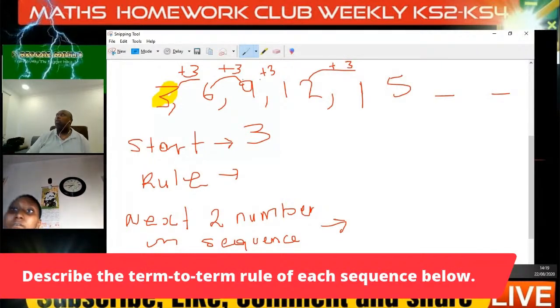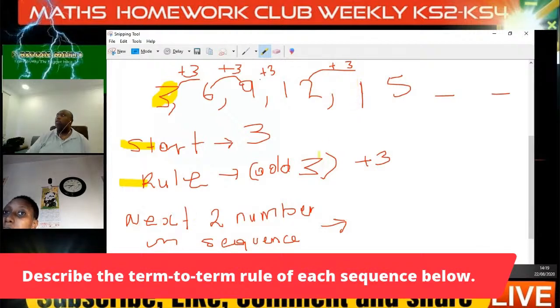Now, what is the rule then? What are you doing each time? You're adding 3. Adding 3 each time, which you can write that way, or you can just write plus 3, the same thing. So you answer the first part, you answer the second part.